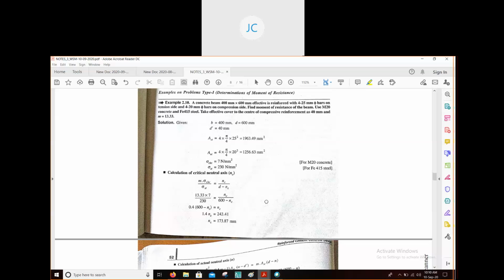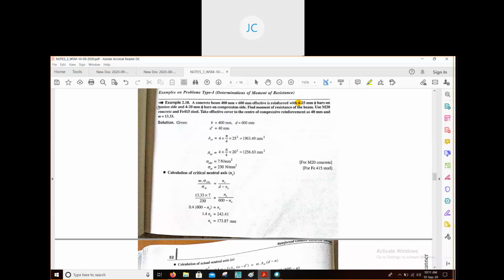Let us see the problem. You can see the section of the beam is given, 400 into 600. Then it is mentioned that you are using 4 bars of 25 millimeter diameter on the tension side.